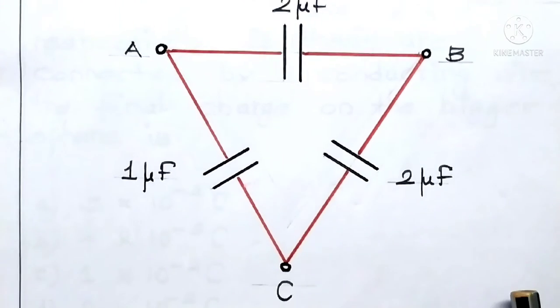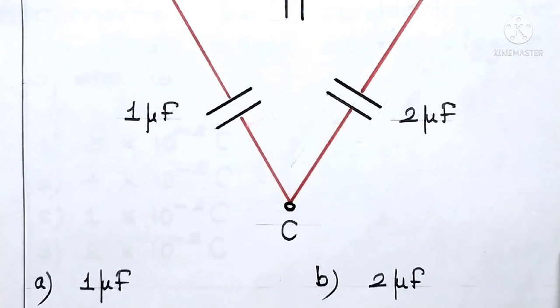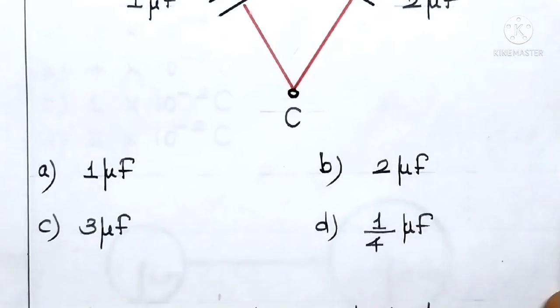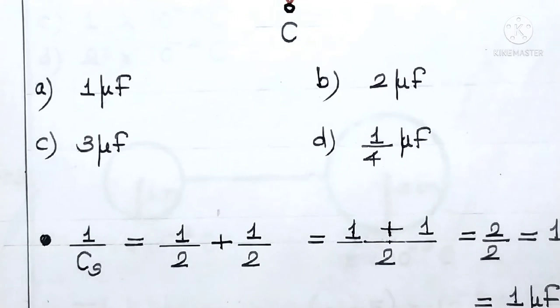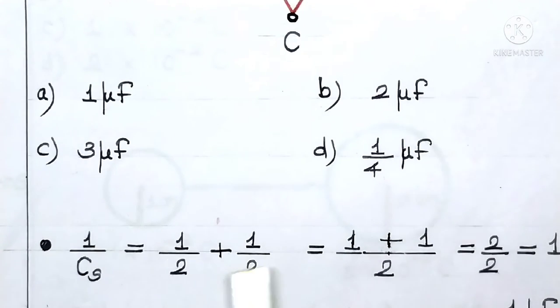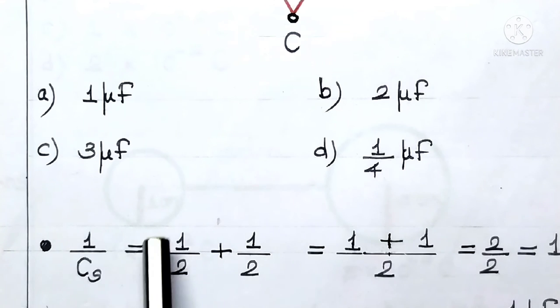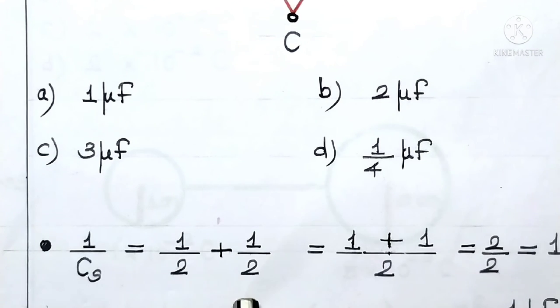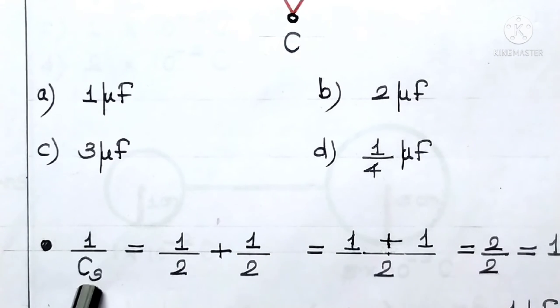So what is the formula to calculate the equivalent capacitance for two capacitors in series connection? It is 1/Cs is equal to 1/C1 plus 1/C2. Here S stands for series.